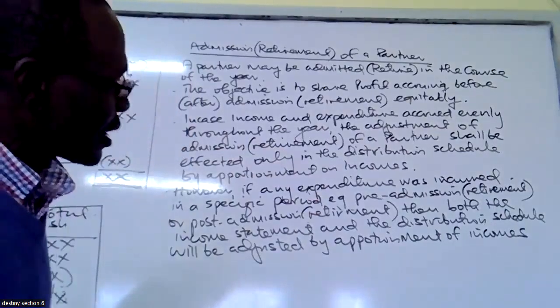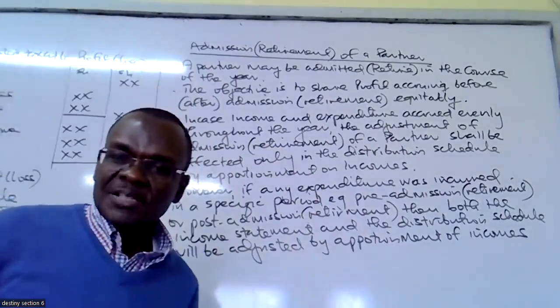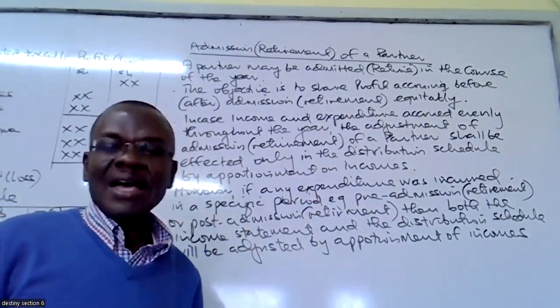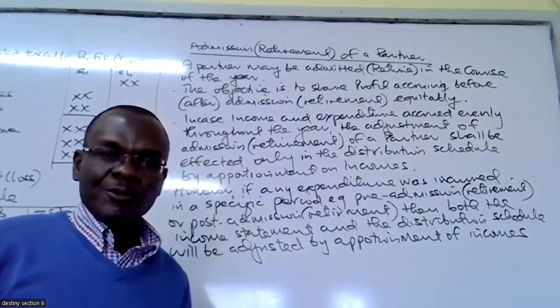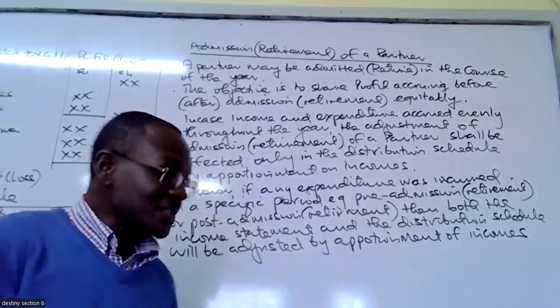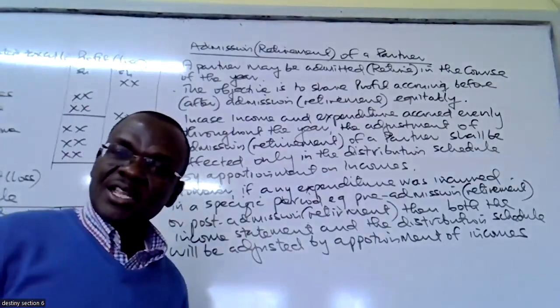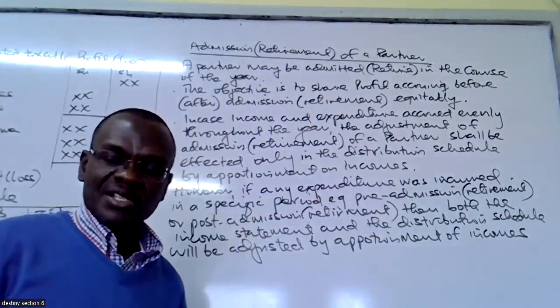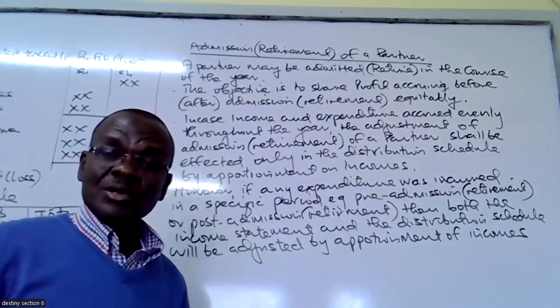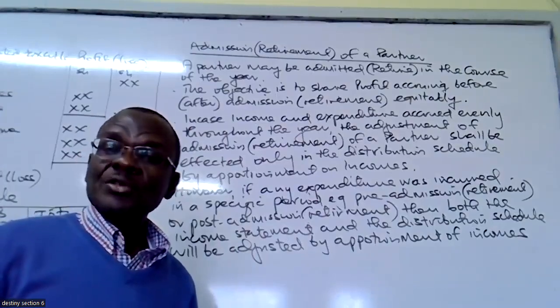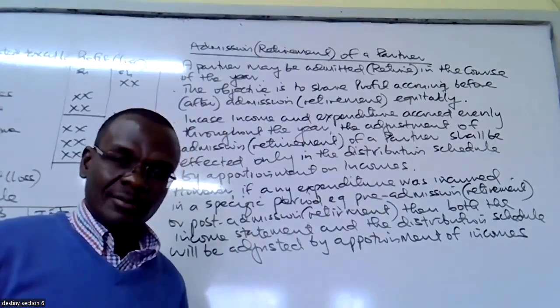This can only be explained later, and we'll do that using a class illustration. So for now, we'll just take this and try to understand as much as we can until we look at our first illustration, which will actually be on admission.